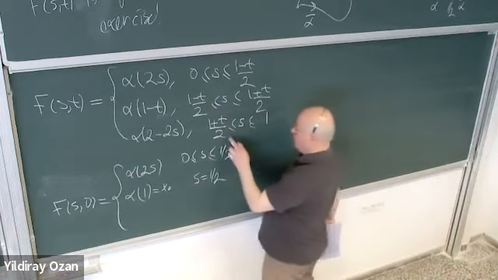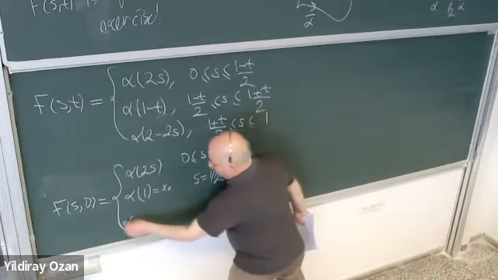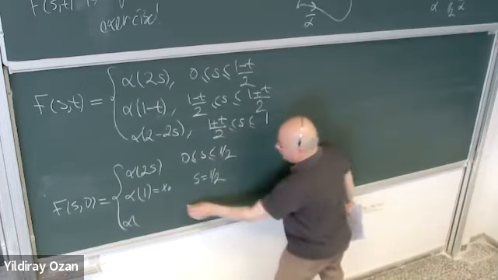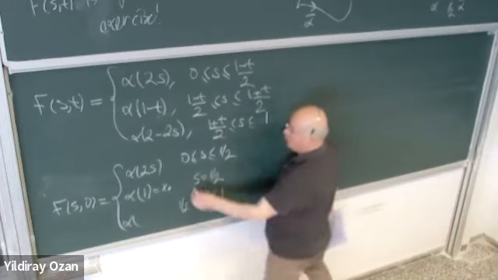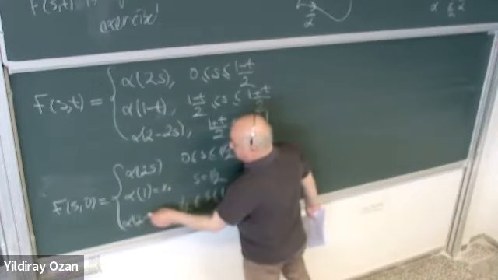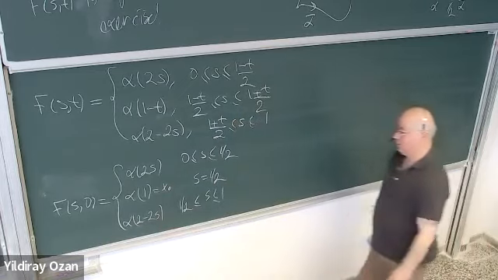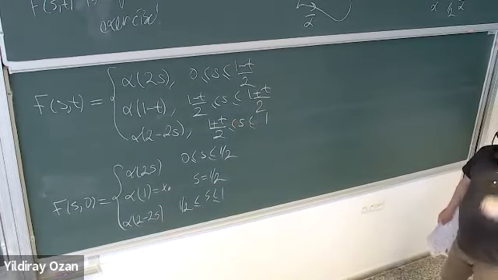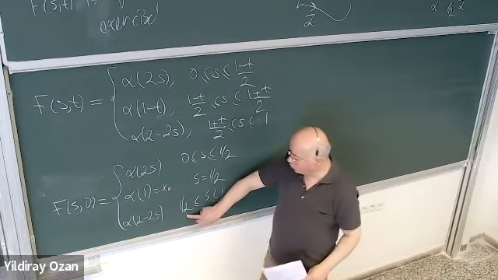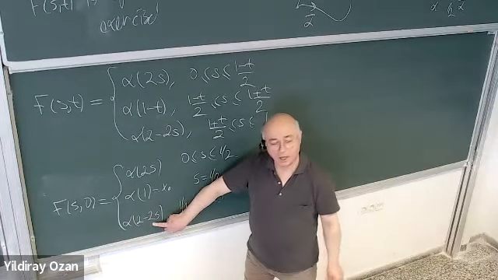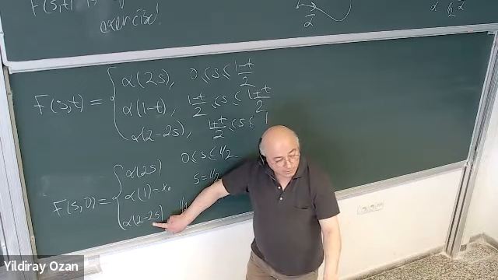And then when t equals 0, this is just 1 over 2, and you have 2 minus 2s. So when s is 1 over 2, it is alpha of 1.